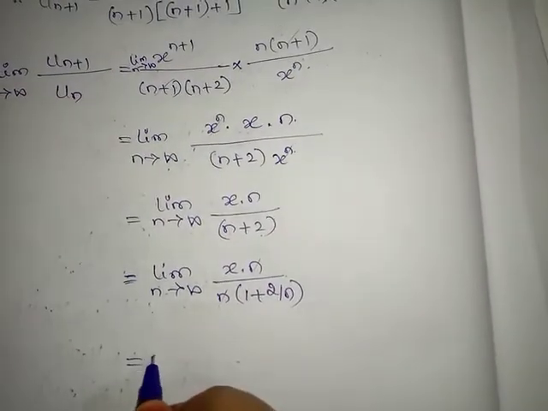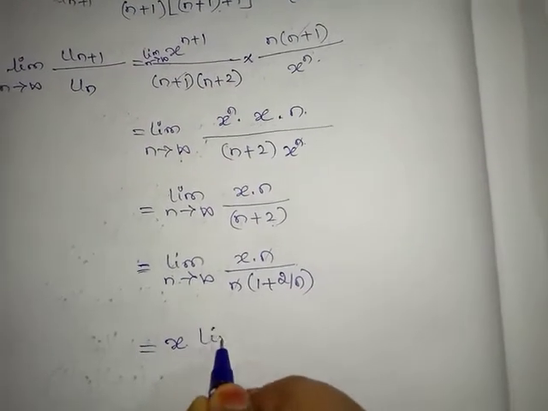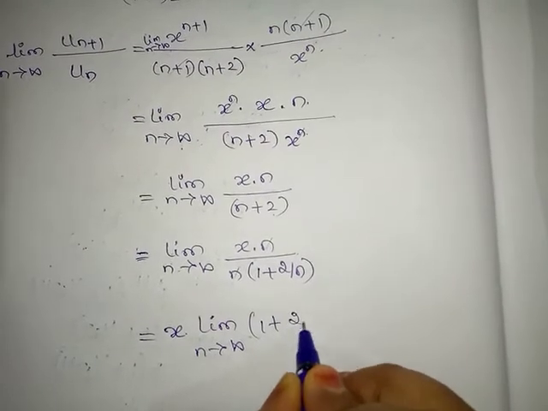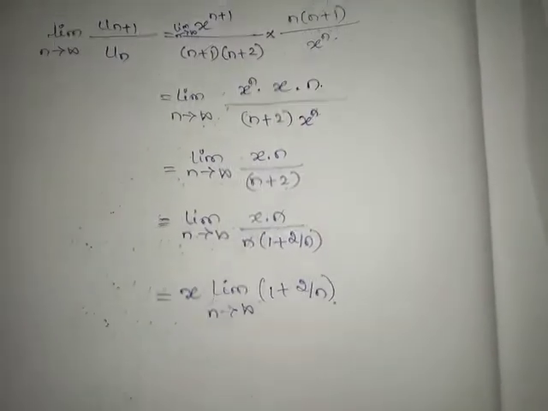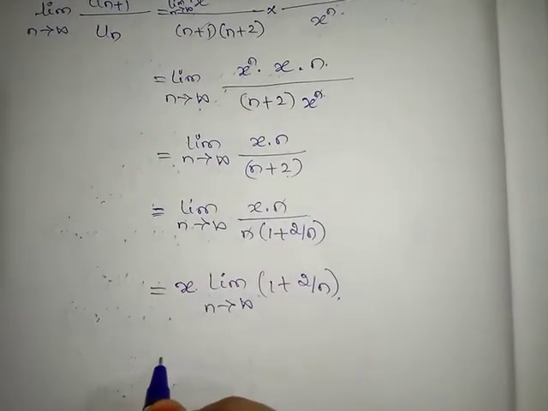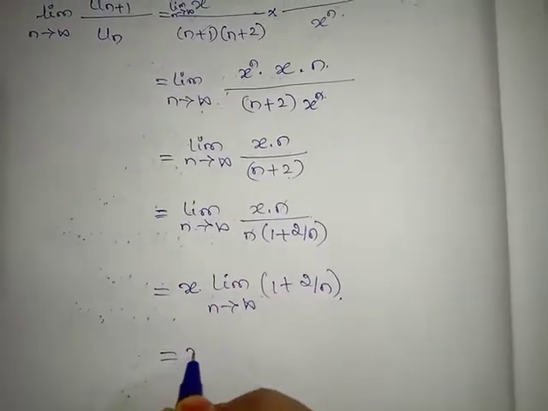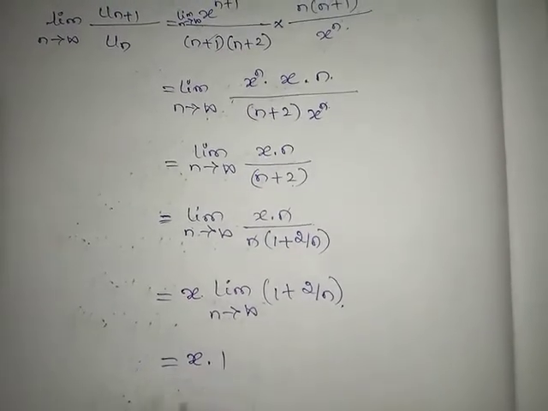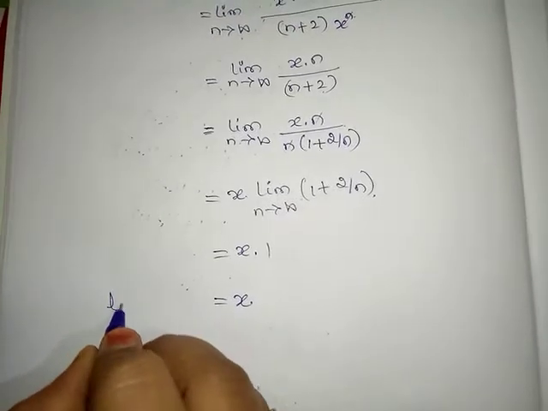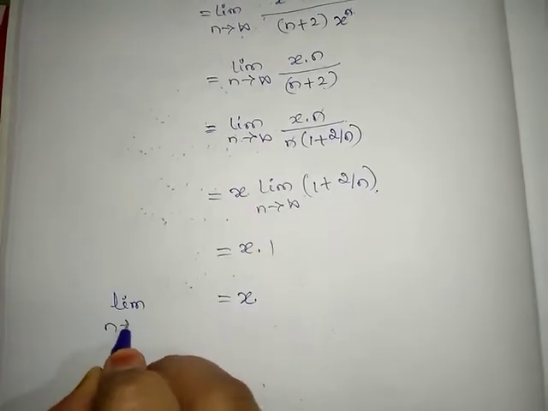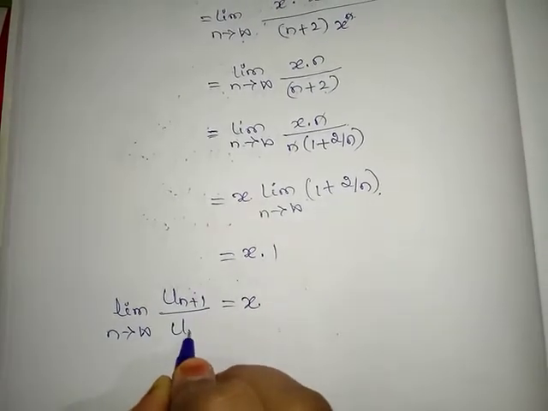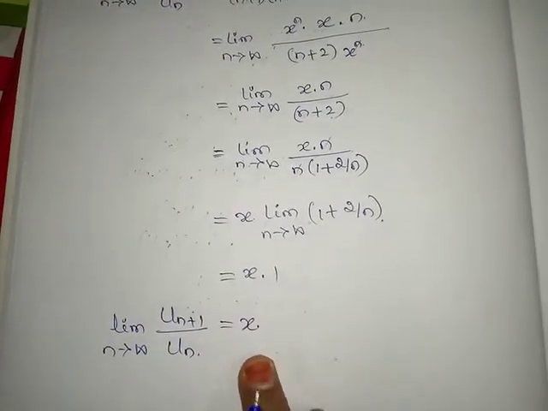Remaining is here n, x is a constant. Limit n tends to infinity 1 plus 2 divided by n. We know that anything divided by infinity is 0. 1 plus 0 is again 1. 1 into x is x only. Therefore we have limit n tends to infinity un plus 1 divided by un is equal to x.